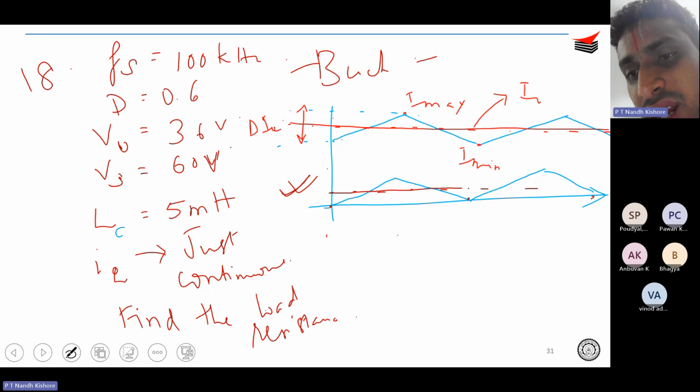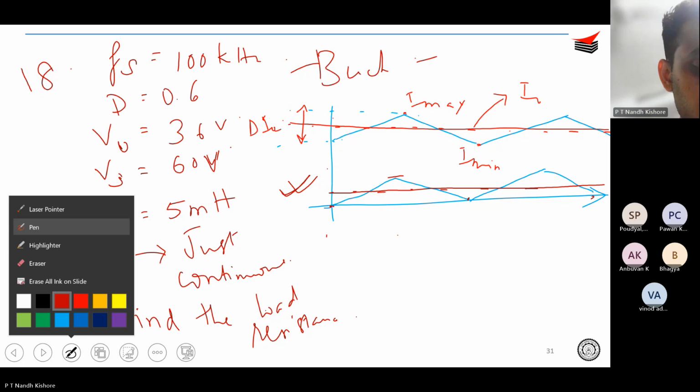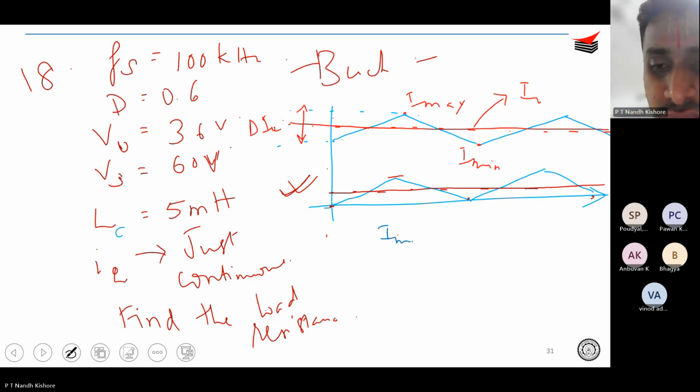This is your I average, and you have your I max, and your I min is obviously zero. So in this case, I min is zero. And what will be Imax? Imax will be equal to delta IL, correct?